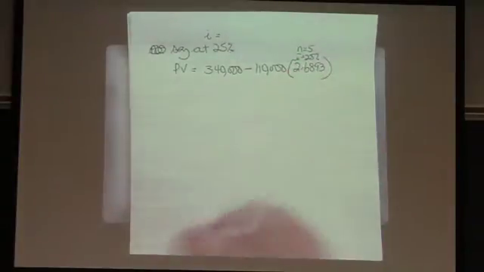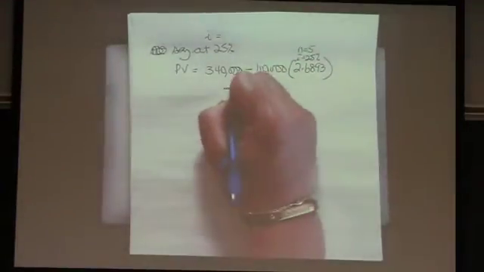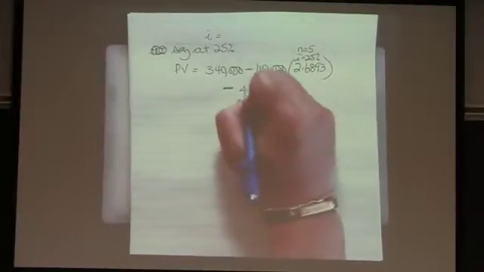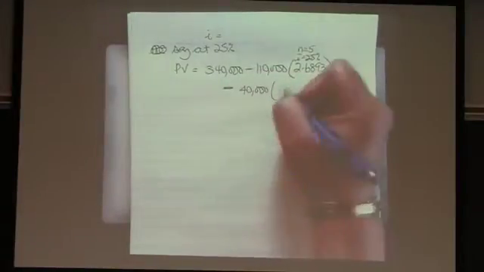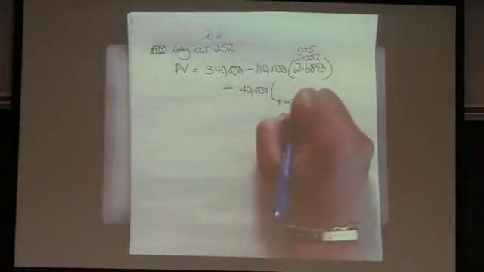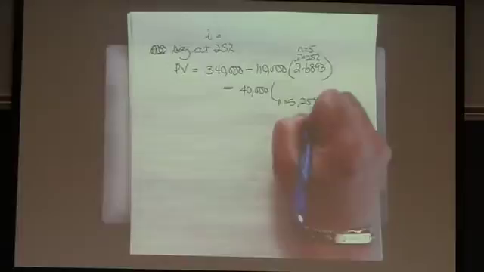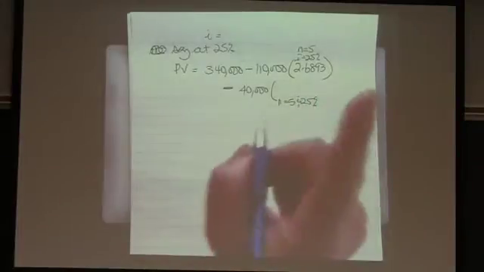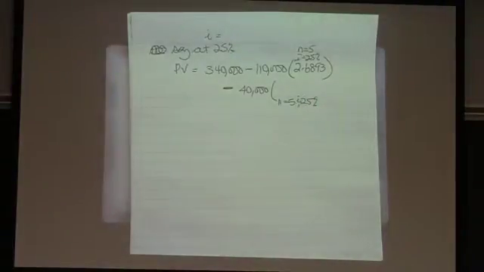I'm getting this from your present value factor table. Minus 40,000 times n equals 5, I equals 25%, table 1. That would be 0.3277.